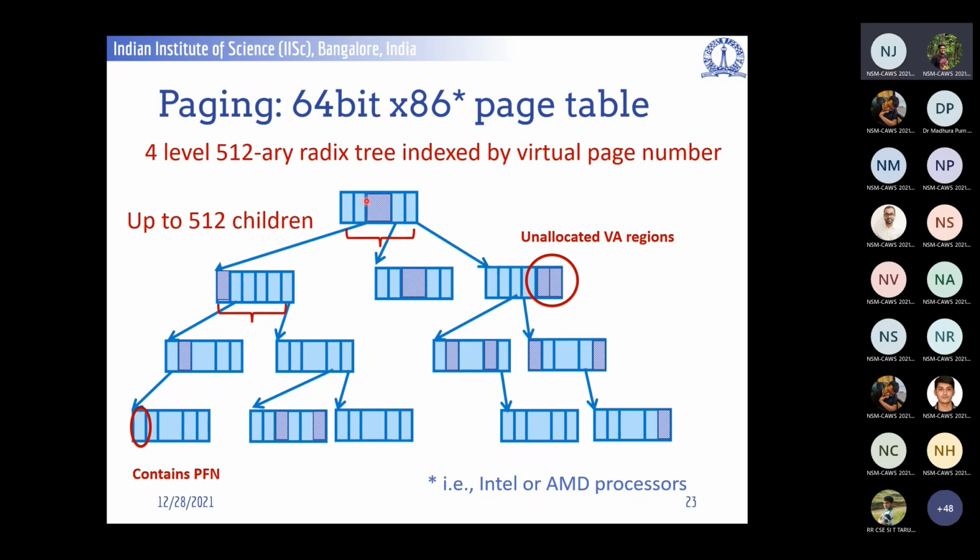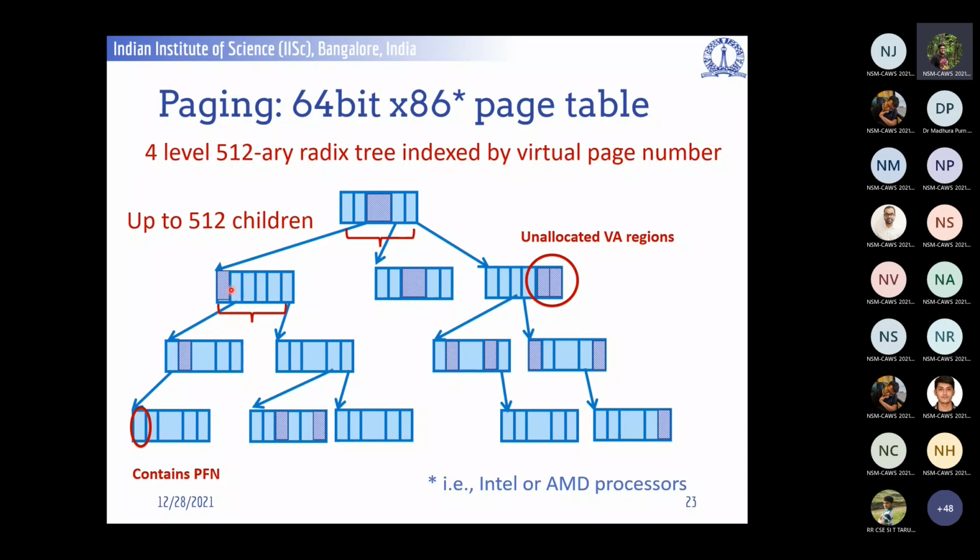For the regions which have mapping, say some portion of that 512 gigabyte of virtual address space is mapped, then there will be a next level node in the page table. Again, that node will be broken up in 512 pieces, which means each of these would represent 1 gigabyte of contiguous virtual address region.